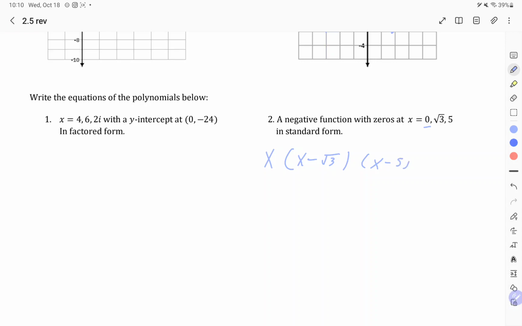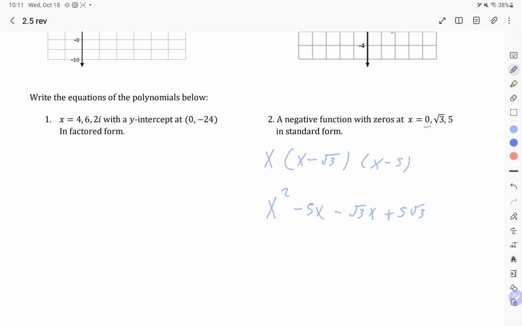Let me bring the mic closer. What we got to do with this now is, let's just do this right now. Actually, wait, I'm second guessing myself. Alright, x squared, negative 5x, and then negative root 3 x, and then positive 5 root 3.